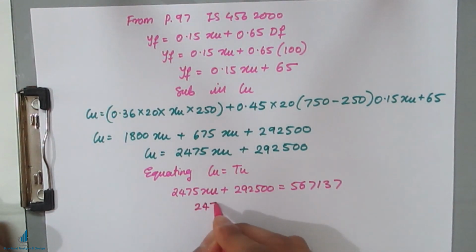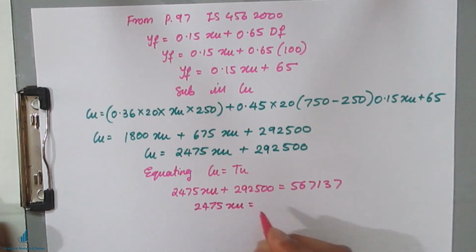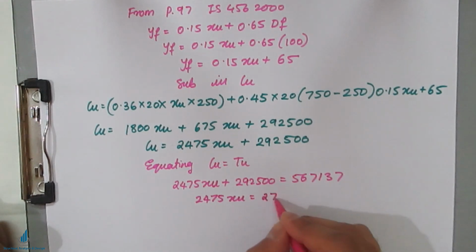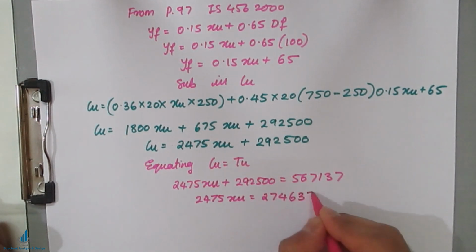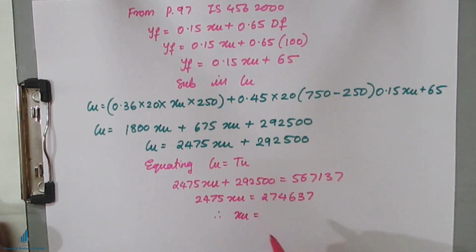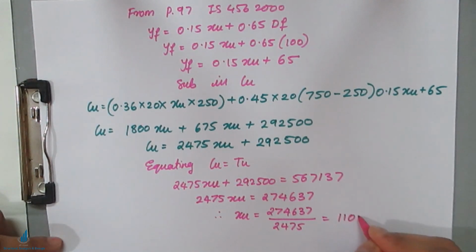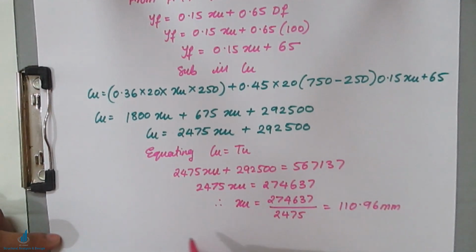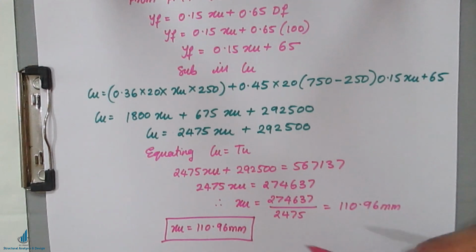So 2475 xu equals, this will go to this side and be subtracted, then 274,637. Therefore xu equals 274,637 divided by 2475. It comes out to be 110.96 mm. Okay, this is your new xu.